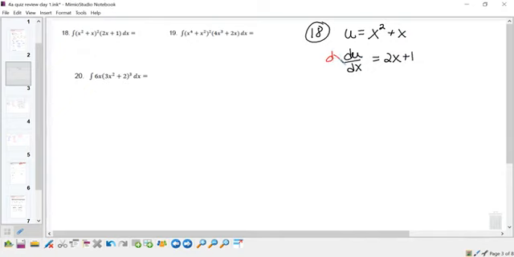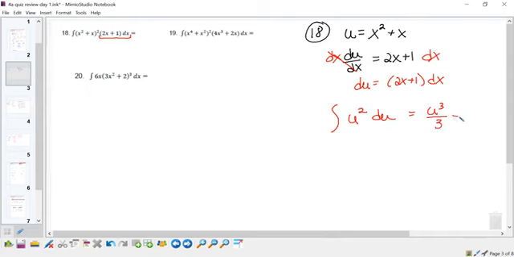So if I multiply dx to the right, I get a direct match to this. So I got the integral of u squared du, because I'm replacing this part with du. That goes to u cubed over 3 plus c. Put the u function back in.